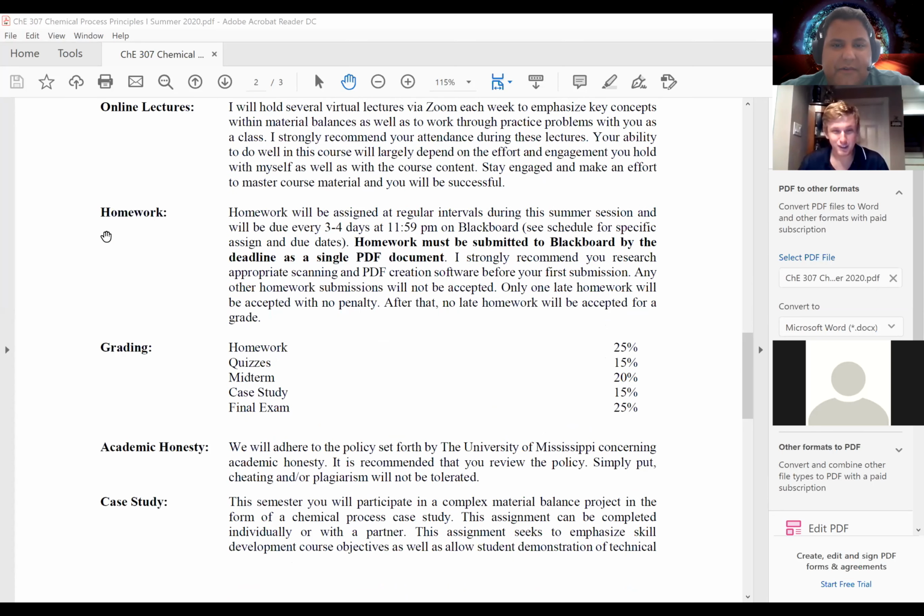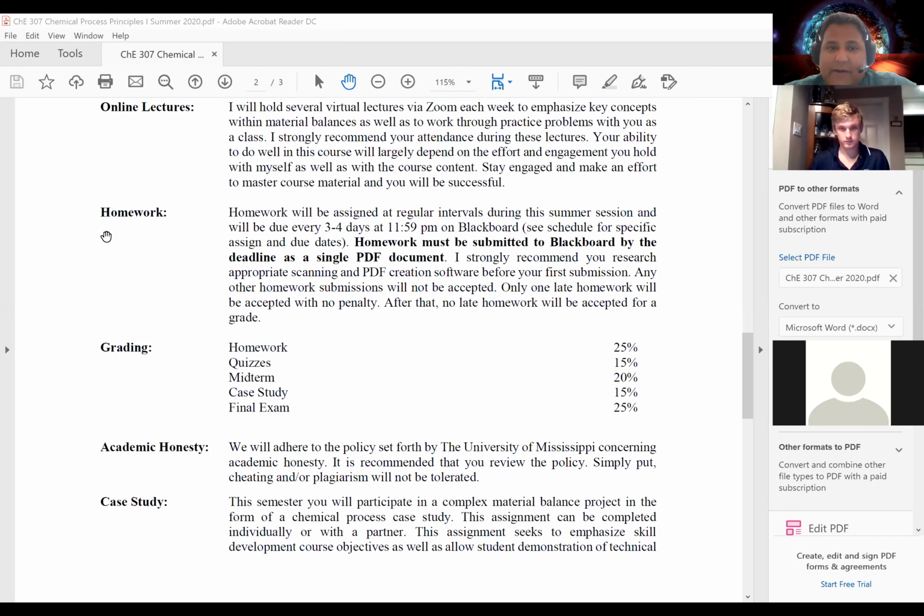All right, so homework. The homework's going to be due about every 3 to 4 days. The only one that's a little different is there's one due Friday in 2 days, which is over some review material. It's just a few problems, making sure we're all comfortable with the material from chapter 3 of Felder and Rousseau, which we'll talk about today.